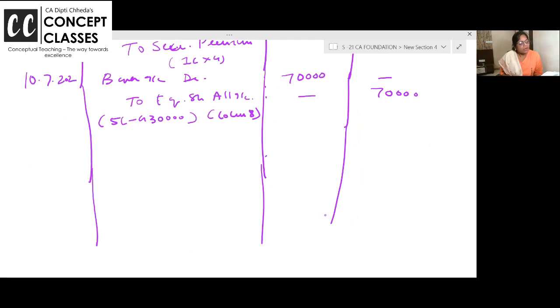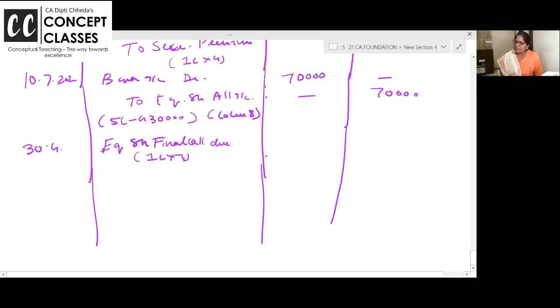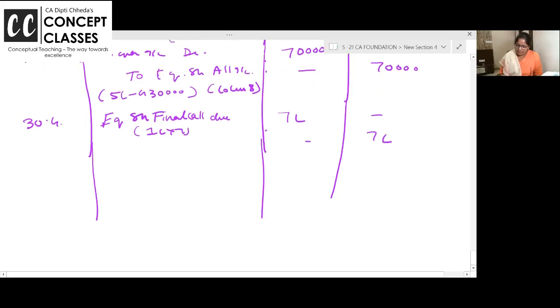कब का है final call? On 30th of April. Equity share final call due. 1 lakh into 7, 7 lakhs, to equity share capital.